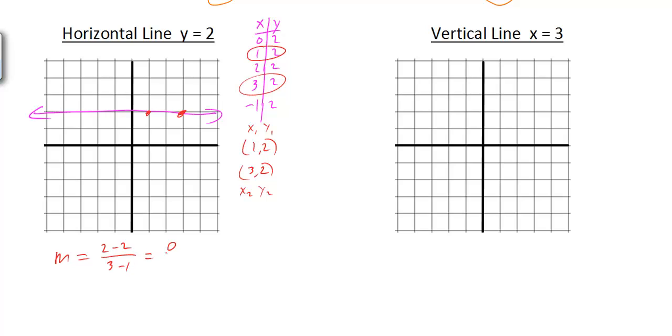So we have 0 over 2, which is equal to 0. So you notice your slope is going to be 0.